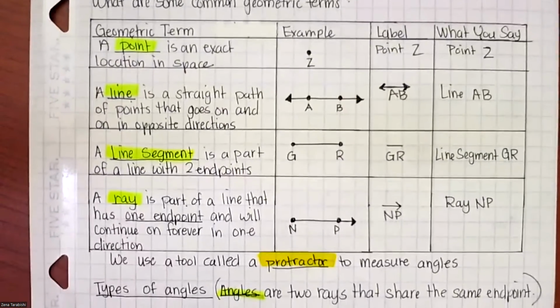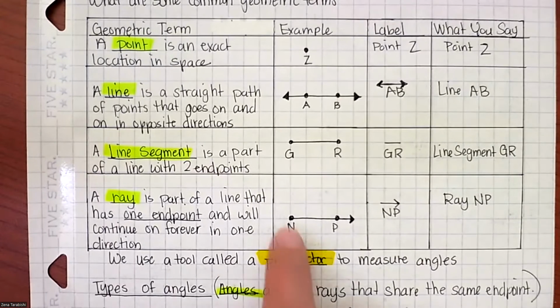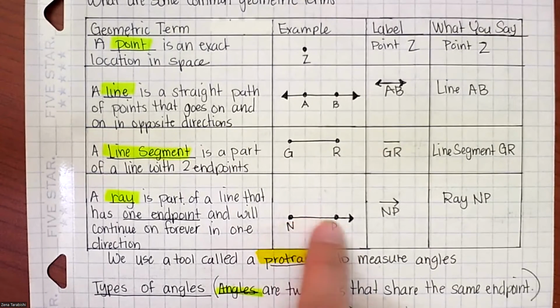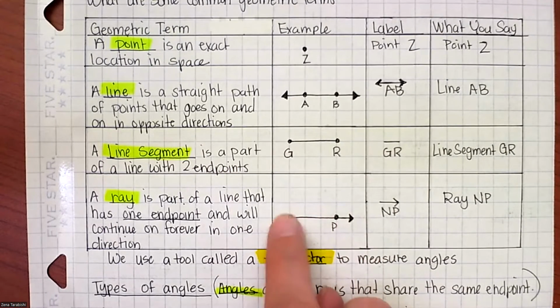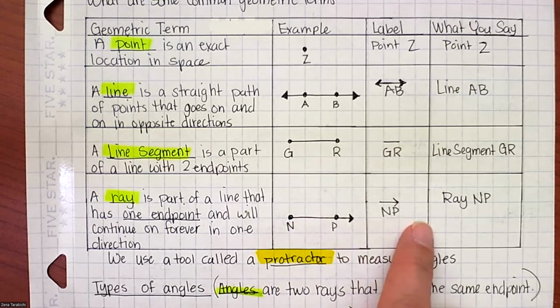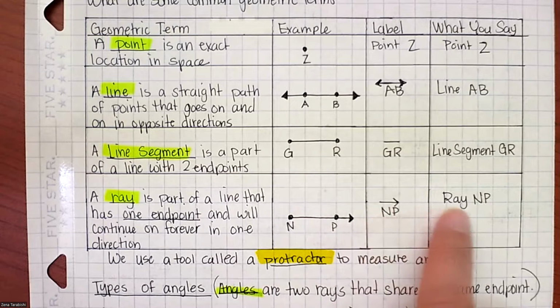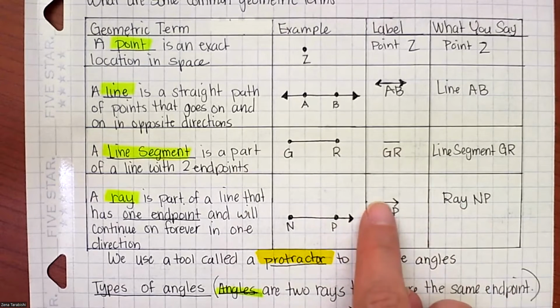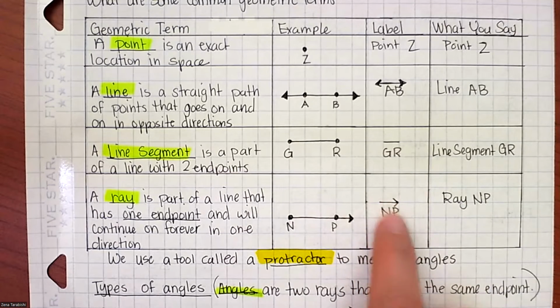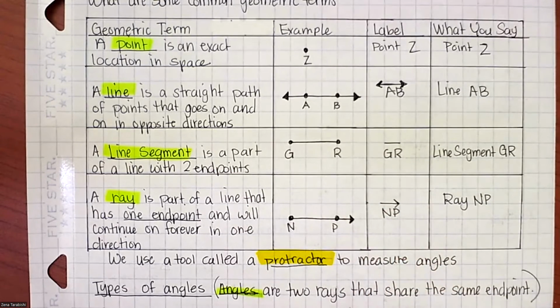Next, we have a ray. A ray is part of a line that has one endpoint and the other side goes on forever. So this is the end of this side, and this side will go on and on and on forever. When we draw it, we draw ray NP, where it has an arrowhead just on one side.